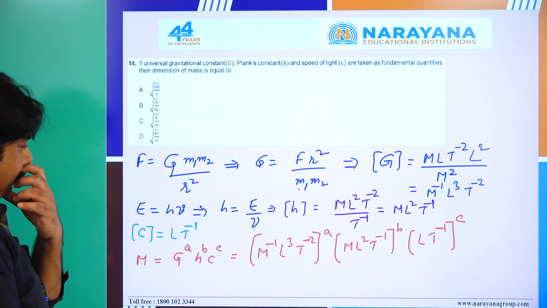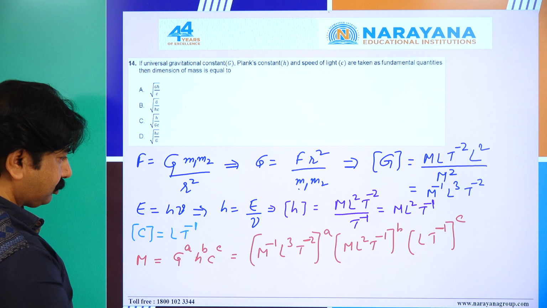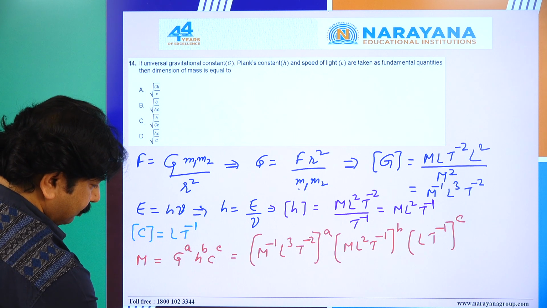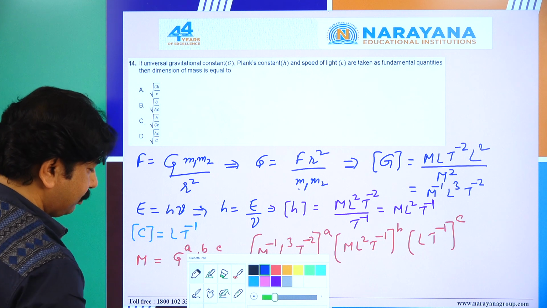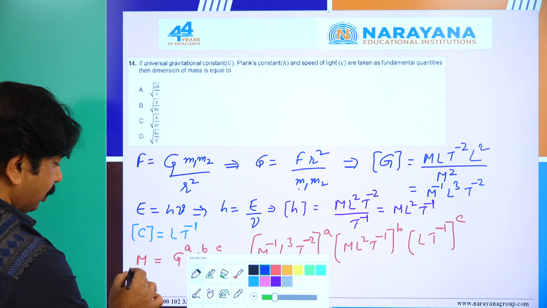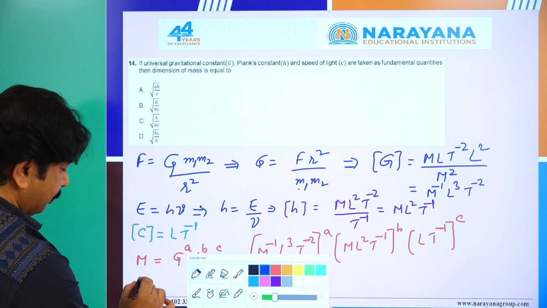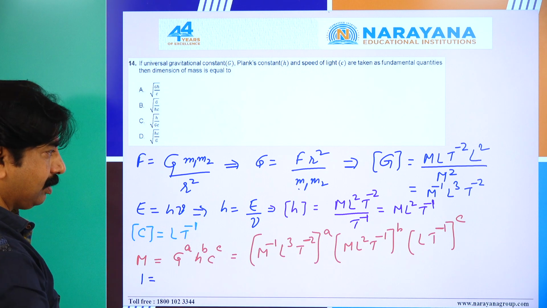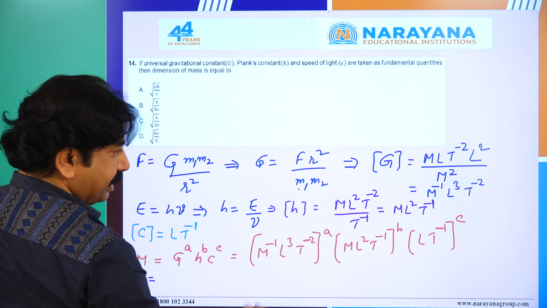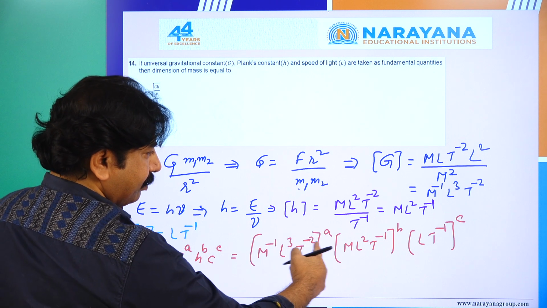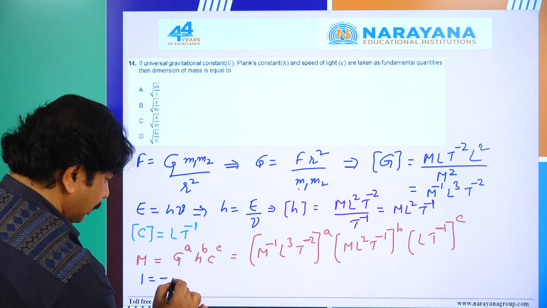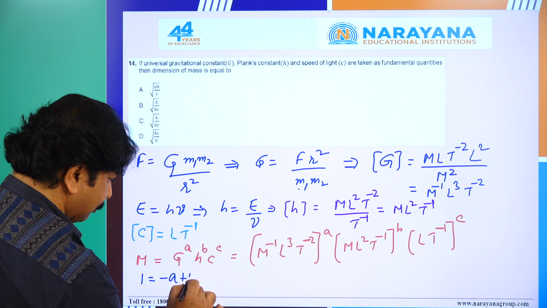Now equate the coefficients. Directly I am writing here. M power only 1 is there, so 1 is equal to minus a plus b.